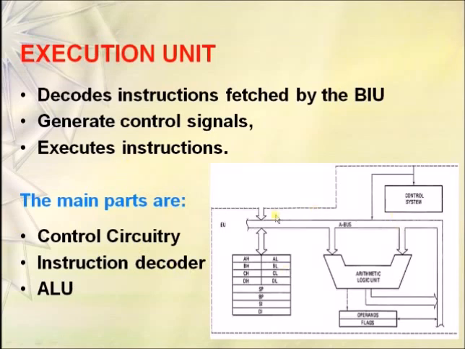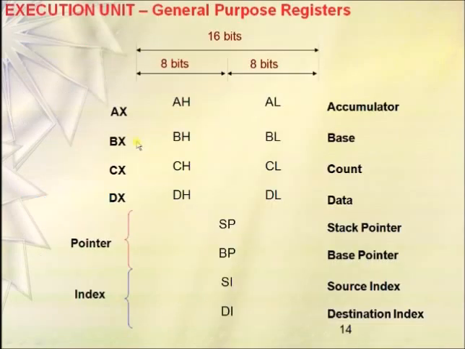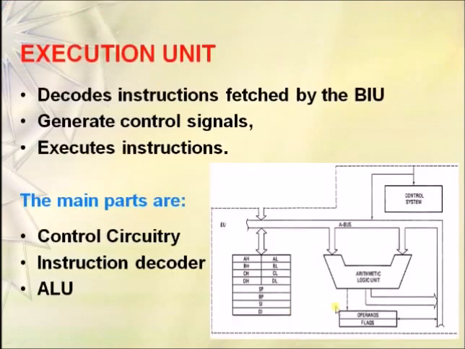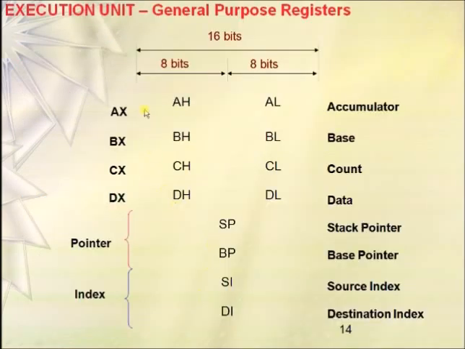Now these are the blocks which are present inside the execution unit. Apart from those, the execution unit also contains general purpose registers as well as pointer and index registers. It has a total of 4 general purpose registers: AX, BX, CX and DX.